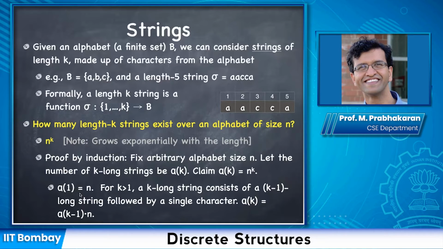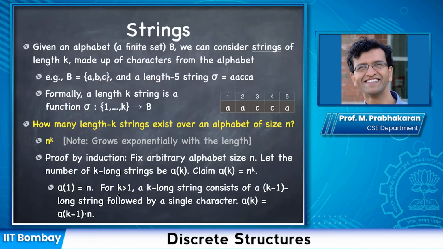To prove by induction over k, the base case would be alpha 1, strings of length 1. It's a single character, which can be chosen in n ways from the alphabet. So alpha 1 equals n.